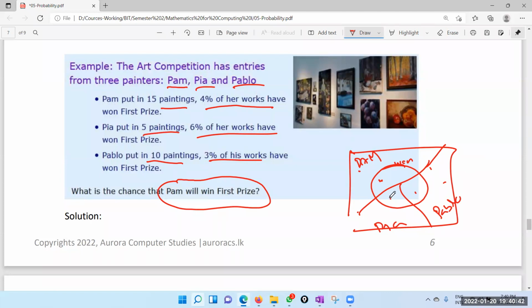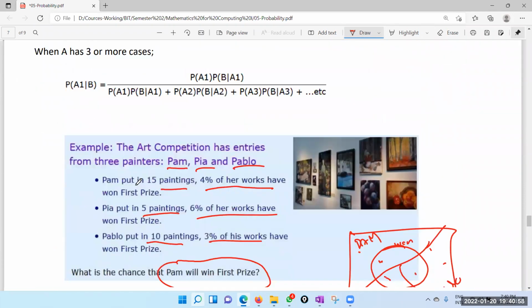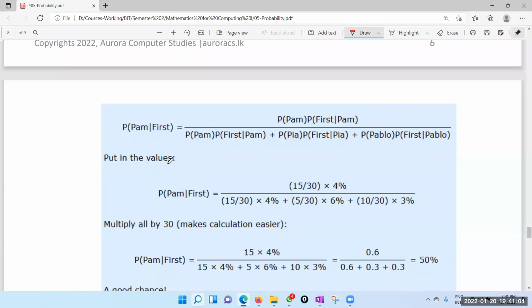Pablo, the percentage of winning is 3% or 0.03. That is, 97 times he has not got the win. Okay. So what we need is the probability of winning for each person.